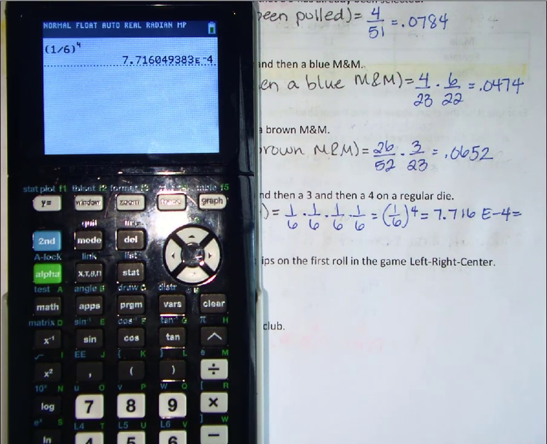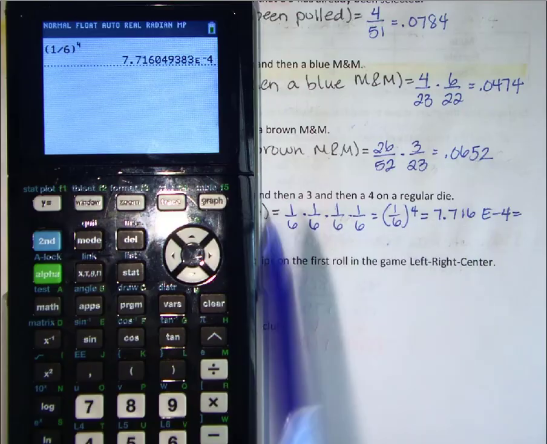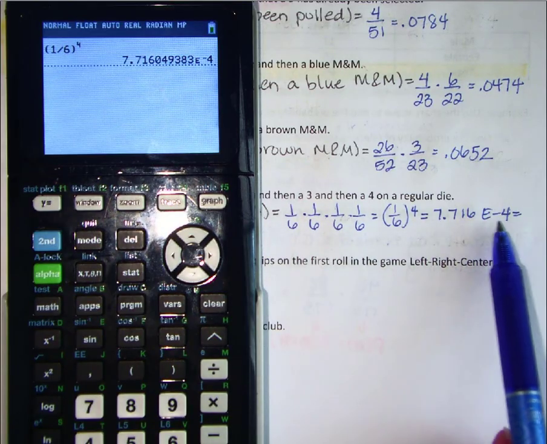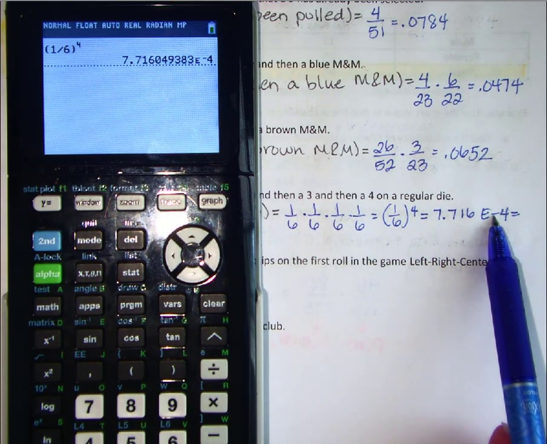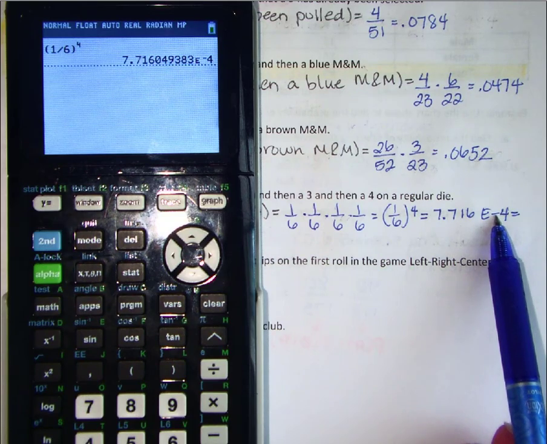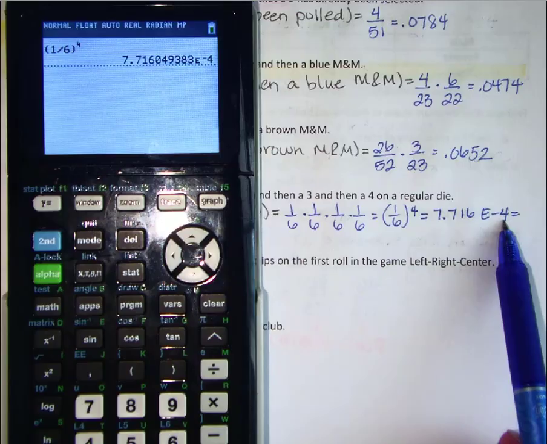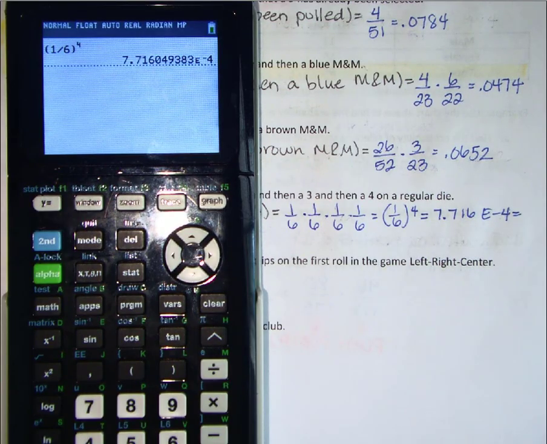Notice how my calculator says 7.716 e to the negative 4. That e to the negative 4 means that my decimal point should actually be 4 places to the left. So the negative indicates the directionality of where the decimal point should be, and the number here indicates how many spaces.